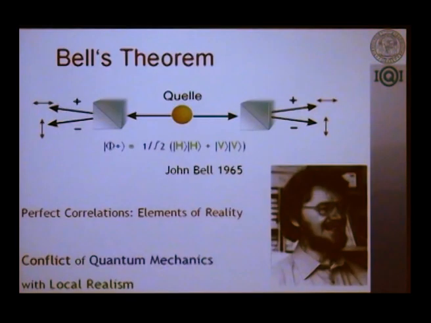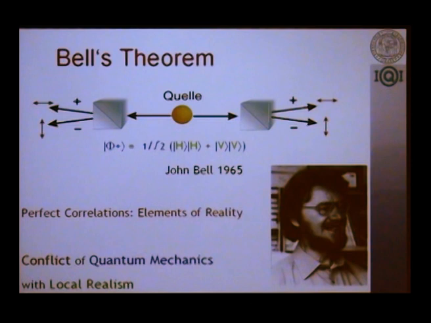Now you have seen this kind of thing already implicitly in Brigitta's talk. In a nutshell, the situation for entanglement between two photons which might be both horizontally and both vertically polarized. This is a superposition state.